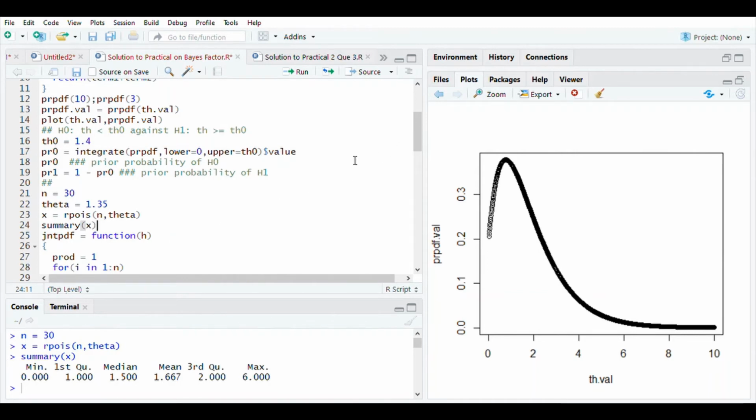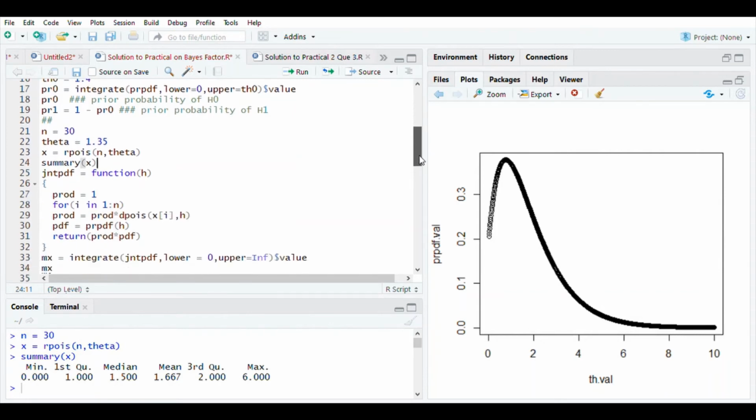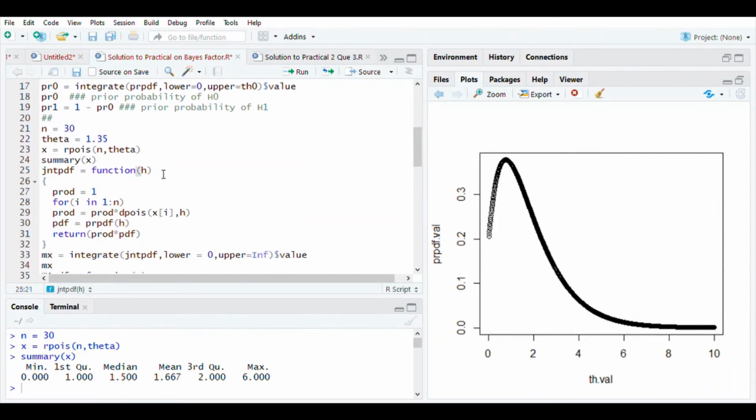The joint distribution is simply the product of the conditional distribution of xi given theta multiplied by the prior PDF. Here I have written a function in R where the x which we have generated will be used, so that we can easily compute the marginal distribution of these values of x as well.